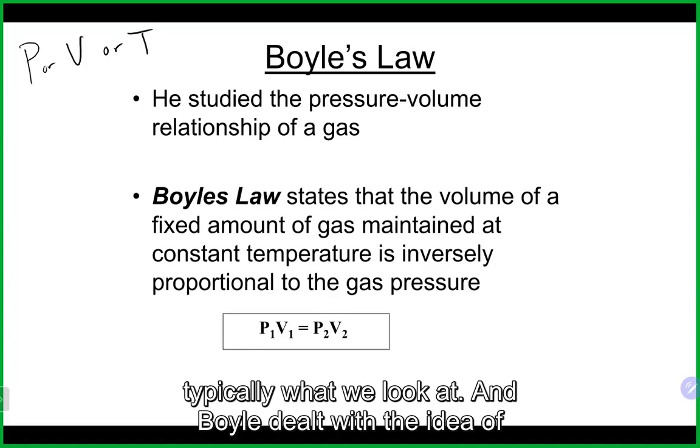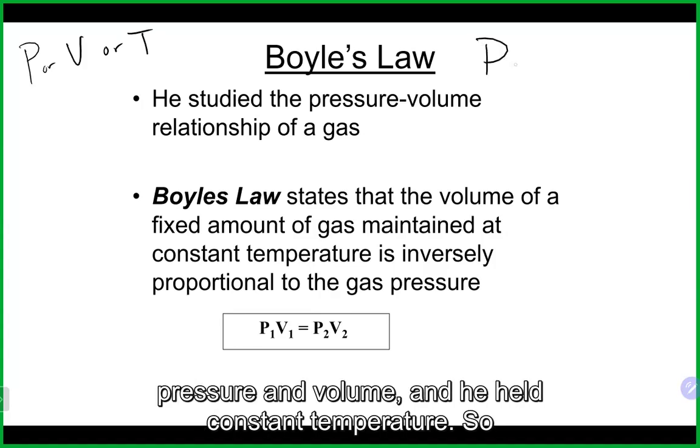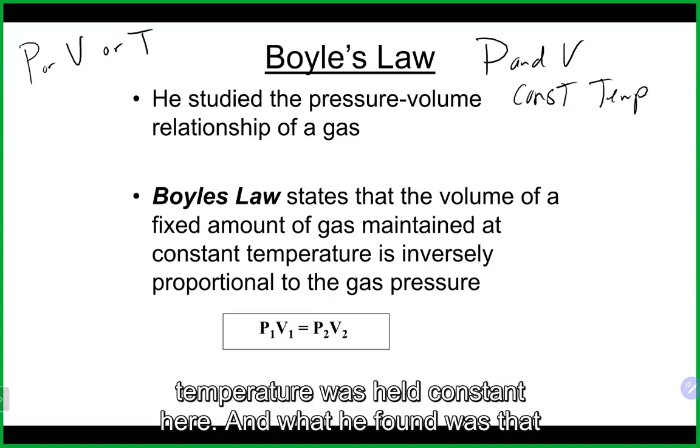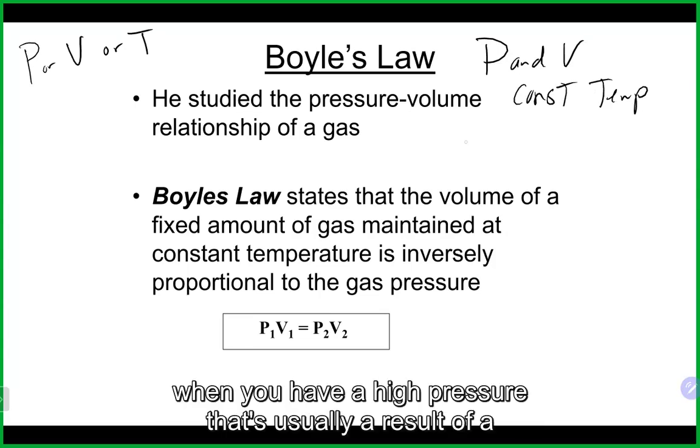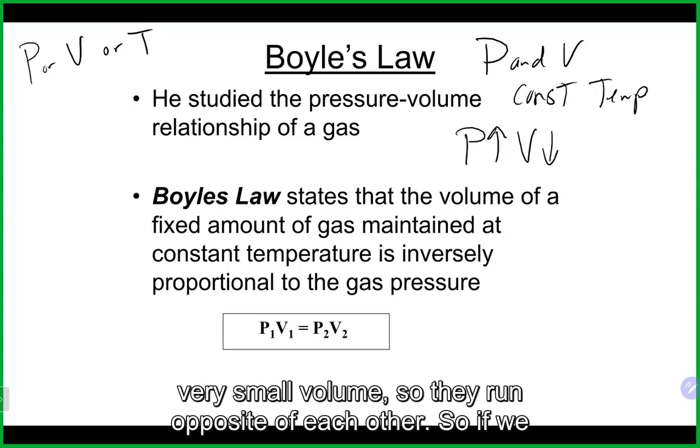Boyle dealt with the idea of pressure and volume, and he held temperature constant. What he found was that when you have a high pressure, that's usually a result of a very small volume. So they run opposite of each other.